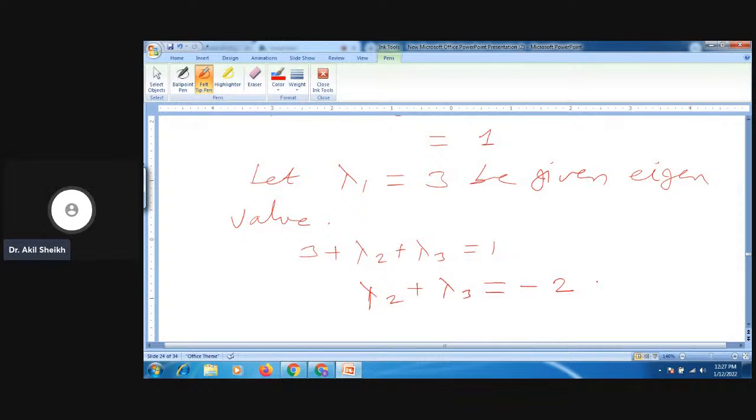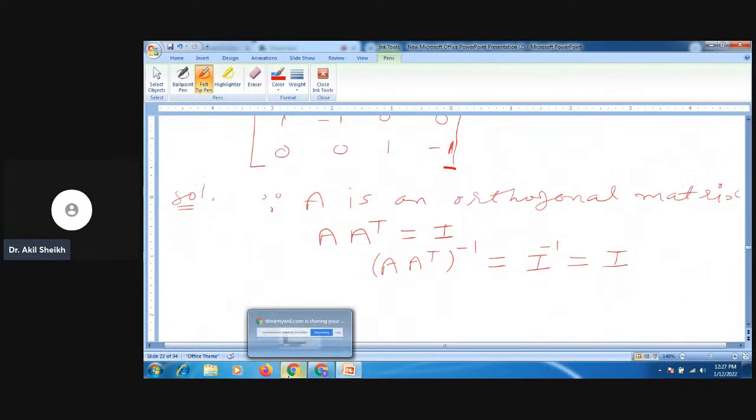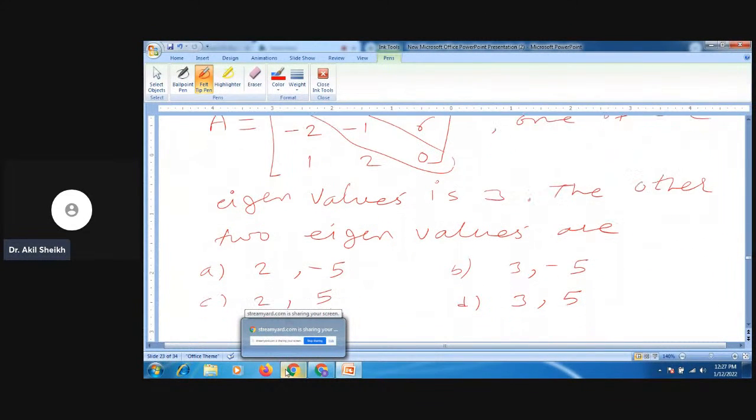Then just check the options here. The sum of eigenvalues must be minus 2. Check the options. The first option is here 2 plus 2 minus 5, which is minus 3.